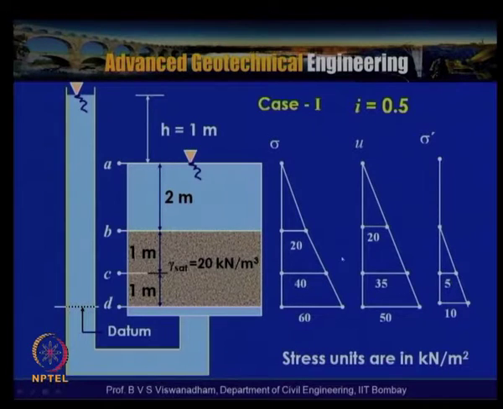The effective stress, which is sigma minus u, is 10 kilopascals at the base, 5 kilonewton per meter square at the mid height, and here it is 0. So this is for the case of i equal to 0.5.